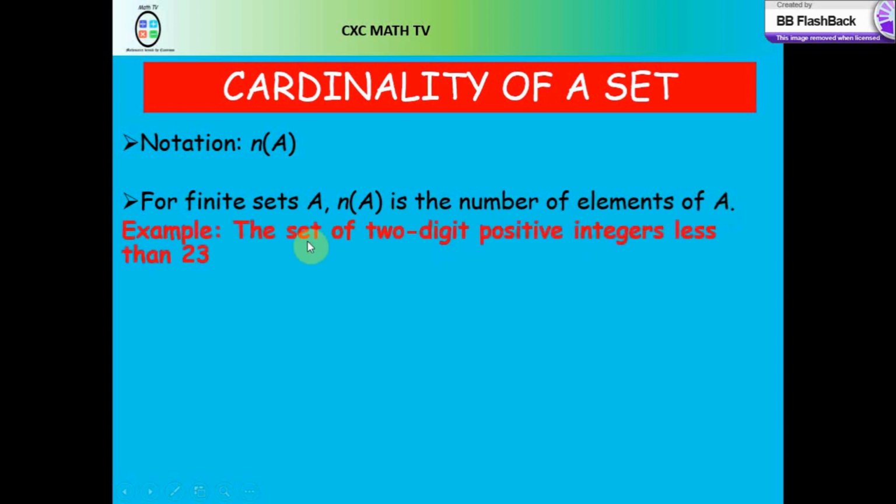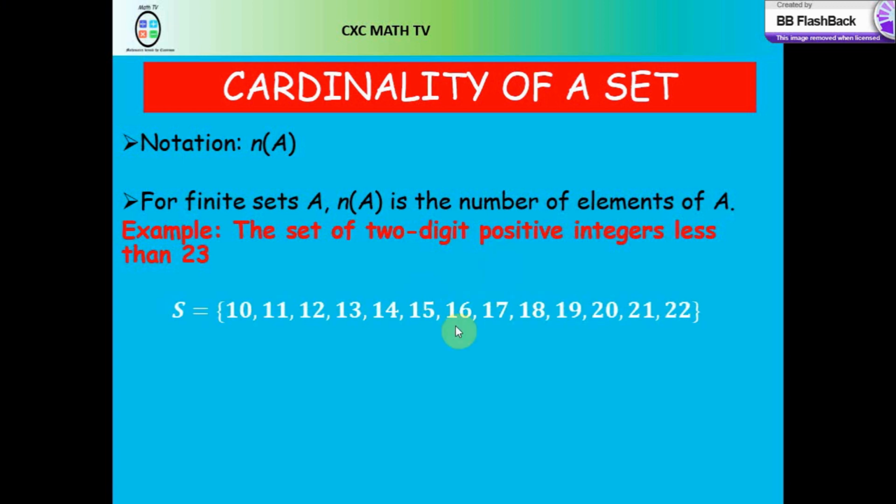For example, let's say we have the set of two-digit positive integers less than 23. We listed them out already: 10, 11, 12, 13, 14, 15, 16, 17, 18, 19, 20, 21, 22. Now, if you were to count these up, how many elements would there be? Let's count them up.